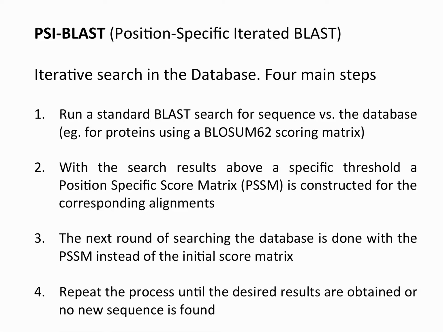With the search results above a specific threshold, construct a position-specific scoring matrix, and next, search the database using this position-specific scoring matrix instead of the initial general score matrix. This process can be repeated many times until some results are obtained or no new sequences are found.